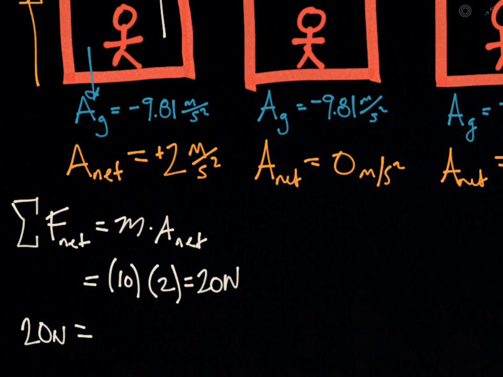So if 20 newtons is our net force, well, the net force is the sum of all of the forces acting on this object, which are going to be the force due to gravity plus the normal force. So we'll say F equals ma. The force of gravity in terms of the mass is not 9.81 meters per second squared.